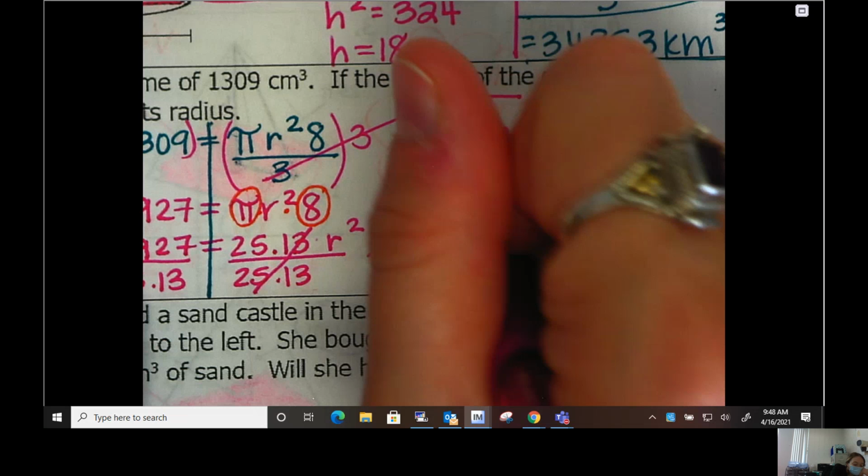Base area of the base times height divided by 3. Okay, good. All right, there's your volume formula for a pyramid. Now what do? Find the area. Okay, find the area of the base. So walk me through it. Why?